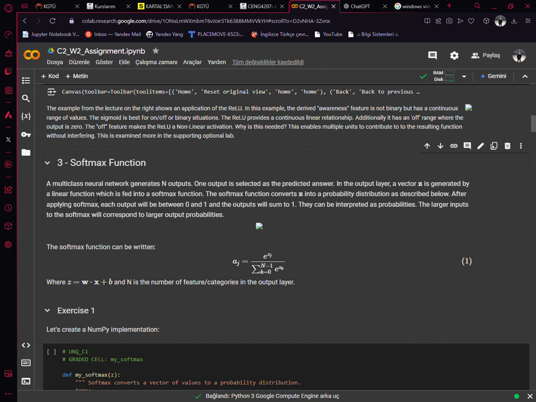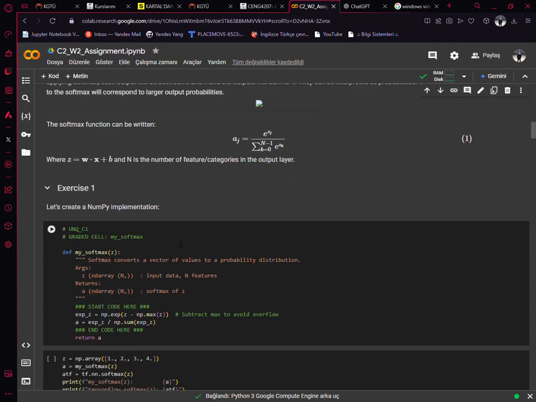The softmax function converts z into a probability distribution as described below. After applying softmax, each output will be between 0 and 1, and the outputs will sum to 1. They can be interpreted as probabilities. The larger inputs to the softmax will correspond to larger output probabilities.